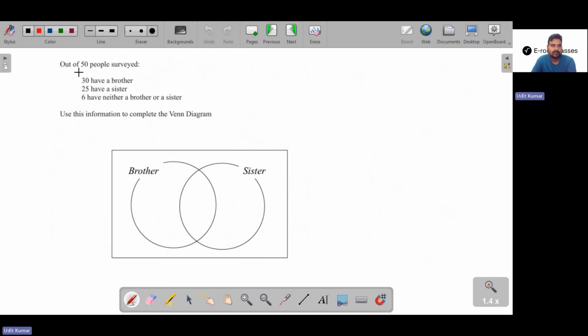In this question, out of 50 people surveyed, 30 have a brother. Again, we'll give the notation A, B, C, and D. And A plus B plus C plus D should be 50 because these are the total number of people who were surveyed. 30 have a brother. So you can say A plus B must be 30. 25 have a sister.